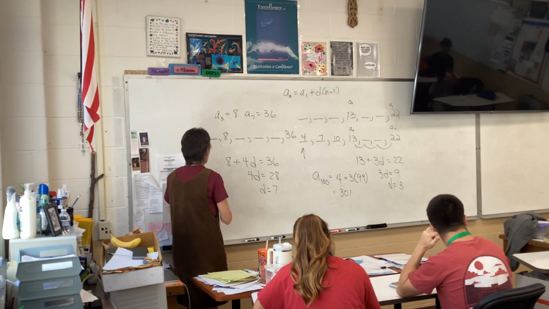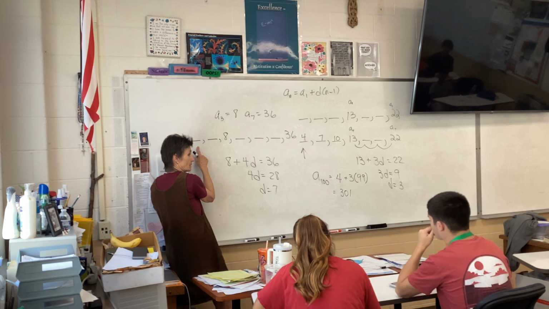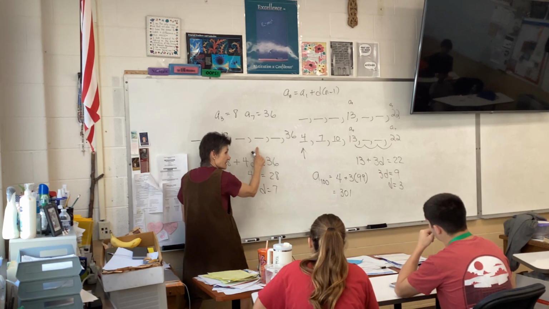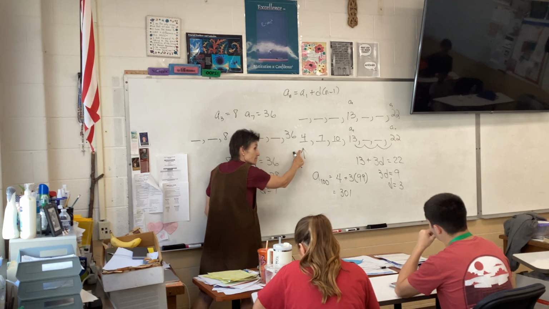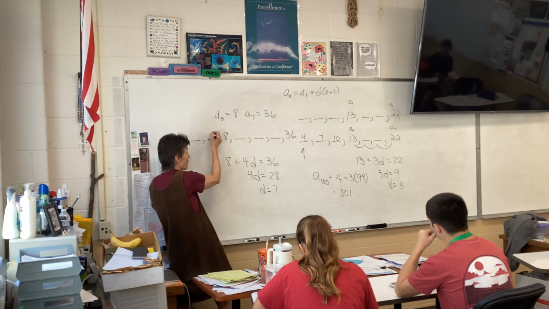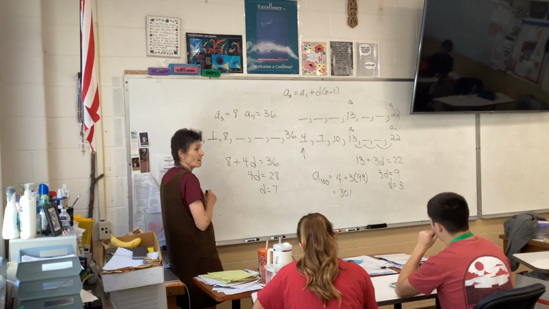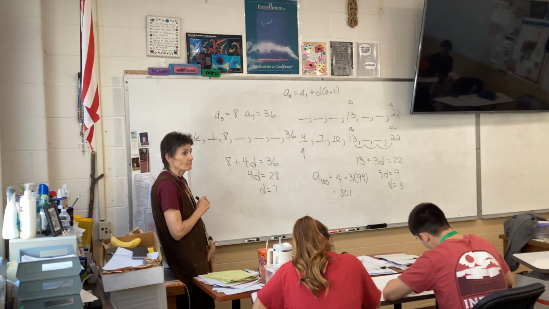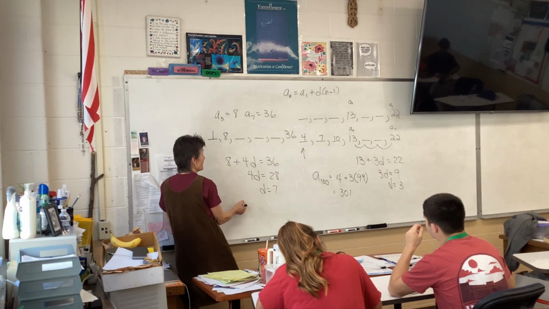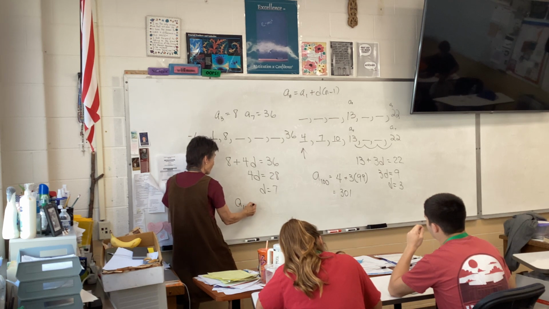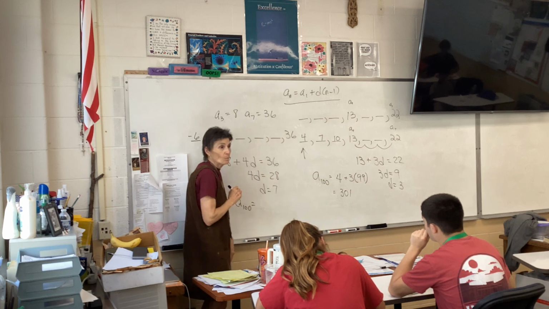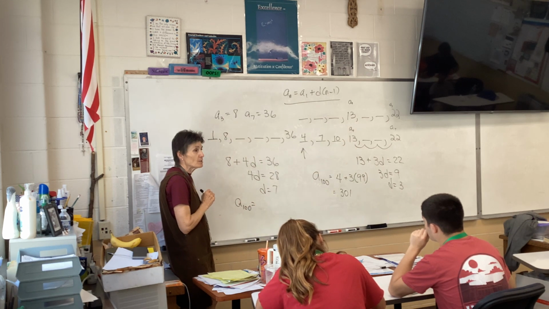Now, I really need my first term. So remember, that means I'm adding 7, right? I want to go the other way, so I'm going to subtract 7. So isn't my first term negative 6? So now I want the 100th term again. So using my arithmetic formula, you don't have to memorize it, you have to know how to use it.